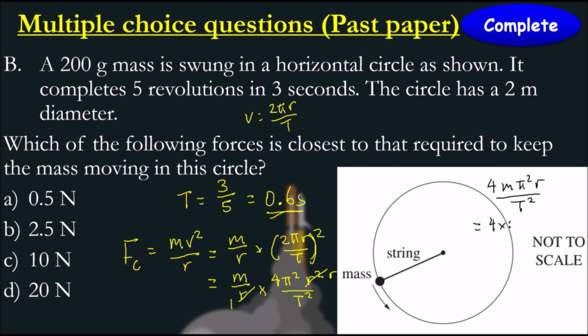So it's 4 times 0.2, because that's 200 grams converted into kilograms, times pi squared times 1 over 0.6 squared. And so the answer we get is 21.9 newtons. So the closest to that answer is D. Okay, and that is how you do the question.